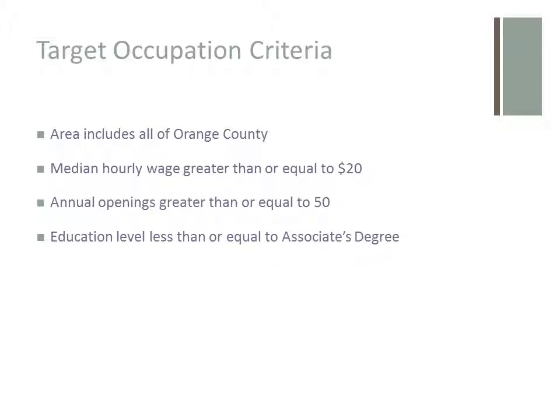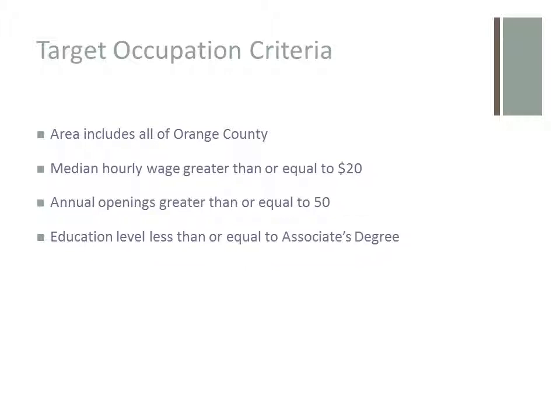There's some information in the plan on the living wage for Orange County, and it's a little higher than $20. But for a graduate coming out of a 2-year program, it was felt that that was where we should set the threshold. Annual openings greater than or equal to 50. So there may be some good occupations out there that have only 2 openings a year. We did not include those in this target occupation list.